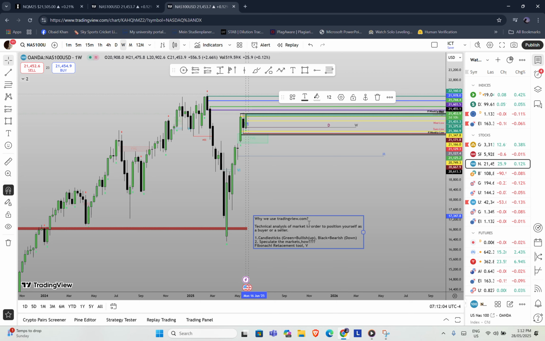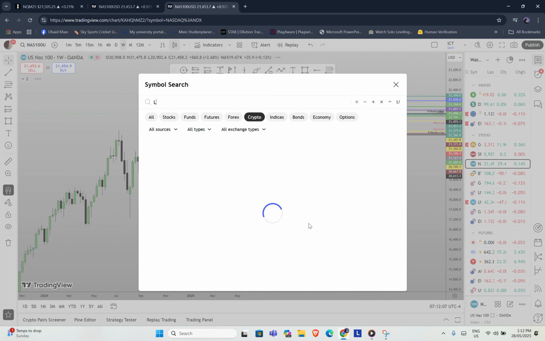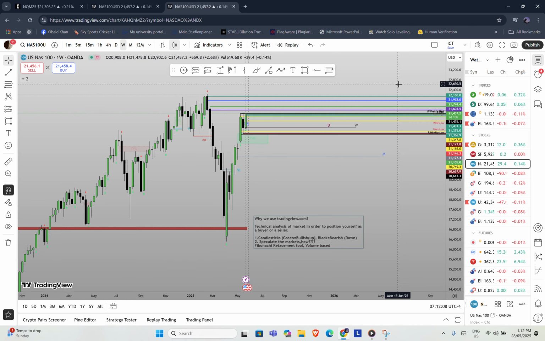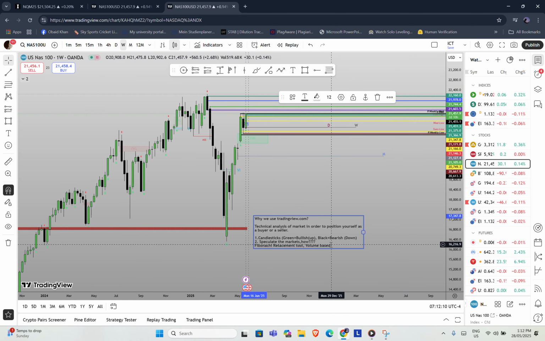We have the volume-based liquidity tool, etc.